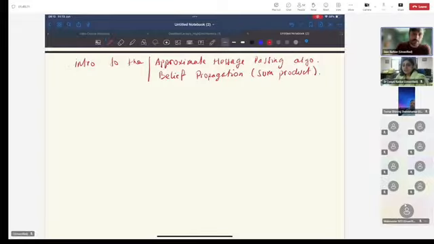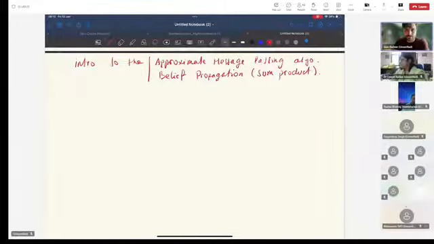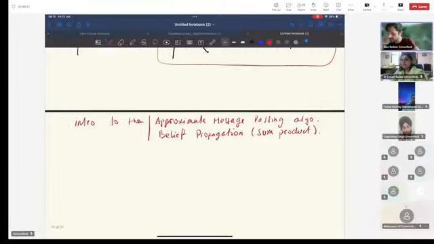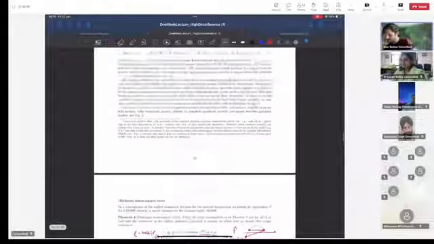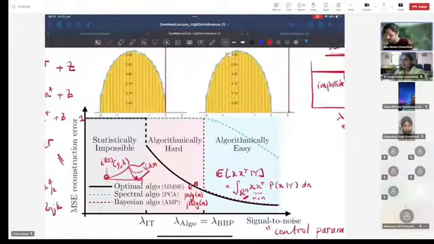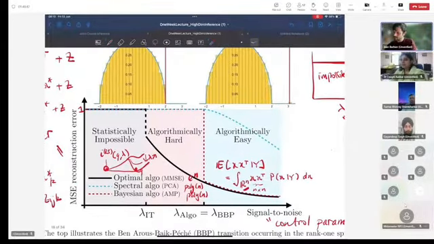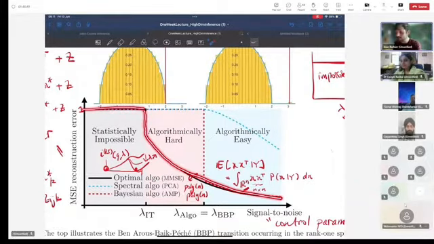Okay, so let's start by recalling the goal. Why do we study this algorithm? Because if we go back to this picture here, there were 3 curves. There was the MMSE, which we analyzed yesterday using the replica method.